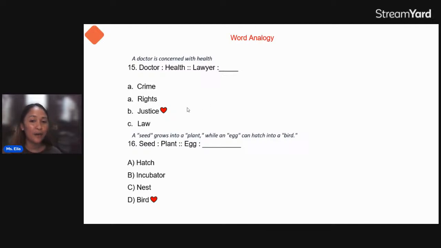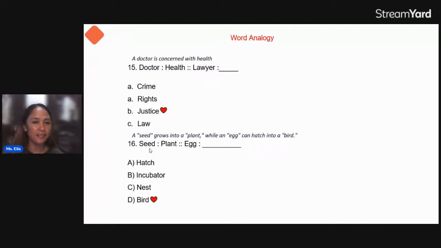Now, an egg can hatch and become a bird. It depends, but here the bird is the closer word that we can associate with the word egg. Since the relationship here is from seed to plant and from egg to bird, of course, what will happen to the egg? It will hatch and turn into a bird or any animal, right?